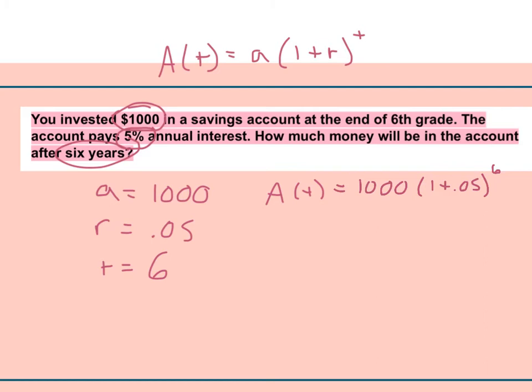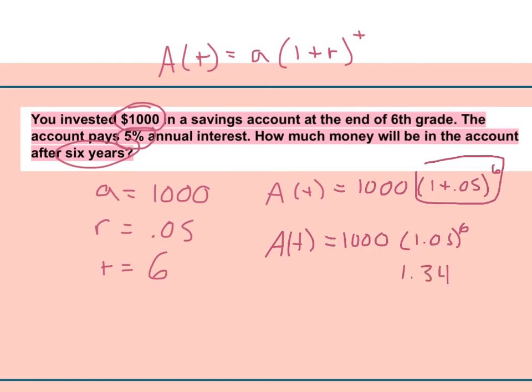So now we can put this into our calculator. So we have A of t is equal to 1,000, and we have 1.05 raised to the 6, which is 1.34.